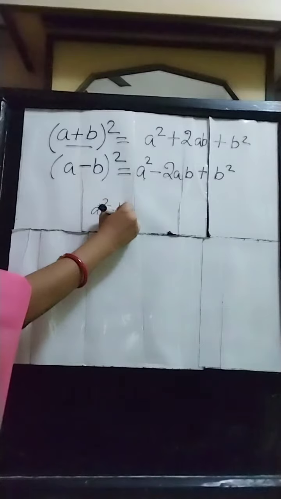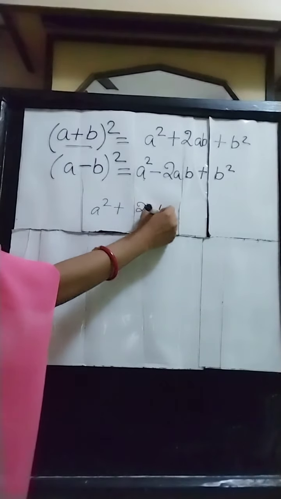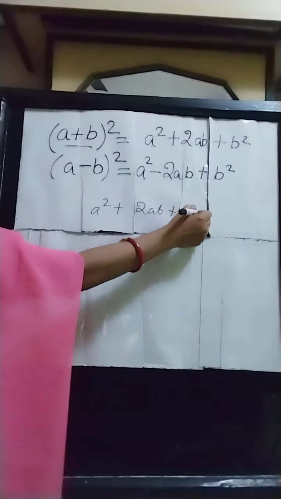Suppose you are given a square plus 2ab plus b square. This thing you are given and you are asked to find out whose formula this is. You have to express this as a perfect square of two terms. In that case, what will we do?